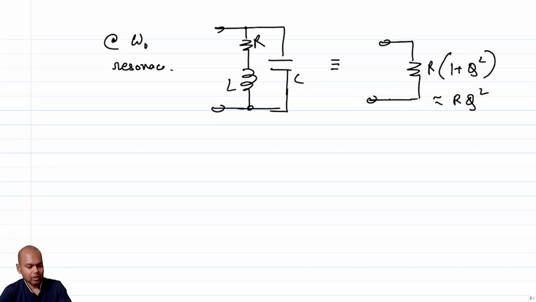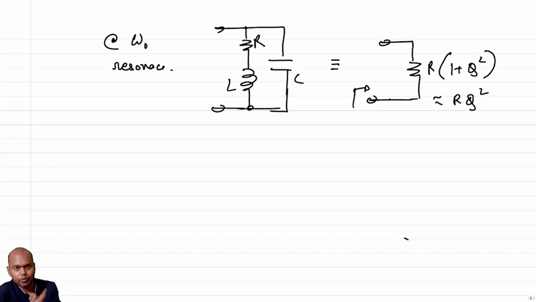So you can see that it looks like there is an amplification of this R at resonance, which should make sense. Because if R is 0, what do you expect Q to be? If R is 0, Q has to be infinite. So ultimately, when R is 0, this looking-in impedance should go to infinite, and that's what is actually happening.